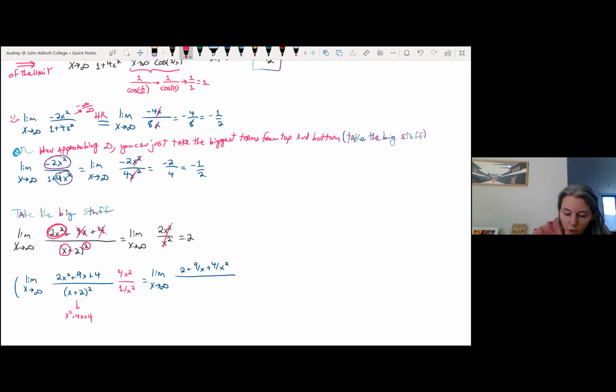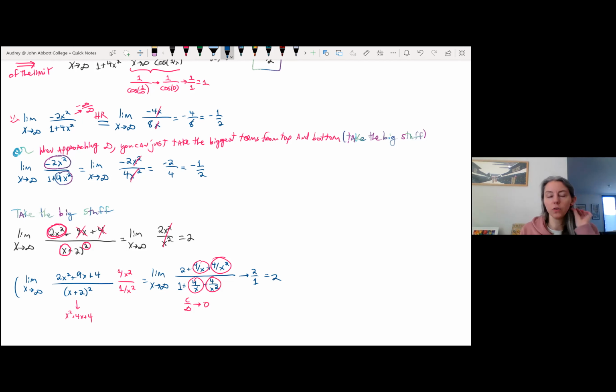So then I'll have this is over 1 plus 4x over x squared, so that's 4 over x, plus 4 over x squared. And we know that a constant divided by infinity is going to 0. So all of this stuff right here is going to 0 because it was infinitely smaller than the rest. So all we have left is 2 over 1, and we still get that same 2.